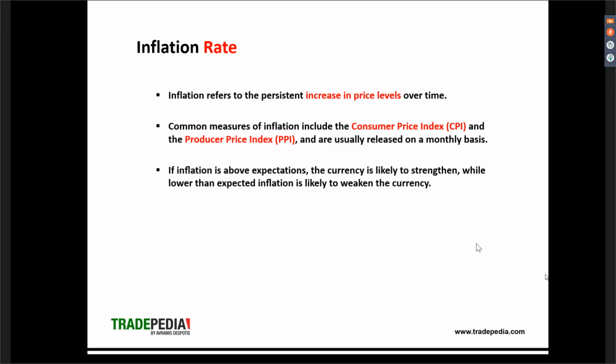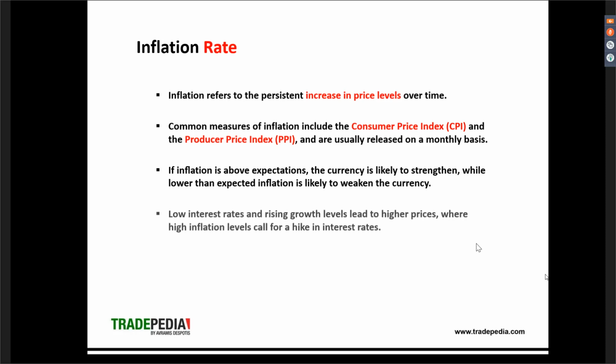Now, central banks usually have a target inflation rate of where they want to be. If inflation is above expectations, the currency will likely strengthen, while lower than expected inflation is likely to weaken the currency. Low interest rates and rising growth tend to push prices higher and put more pressure on inflation.